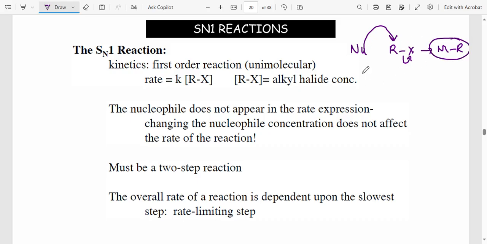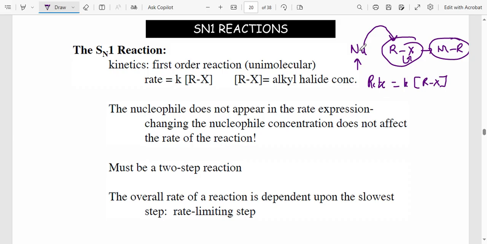So in this reaction, the rate of an SN1 reaction does not depend on the nucleophile. It only depends on the alkyl halide. Okay? Why? The concentration of the nucleophile really doesn't affect the reaction. That's why the rate of the reaction for SN1 is just k multiplied by the concentration of the alkyl halide.